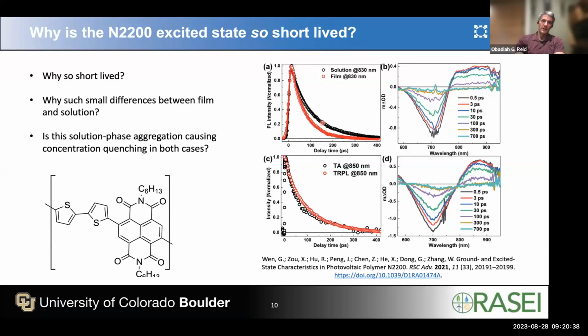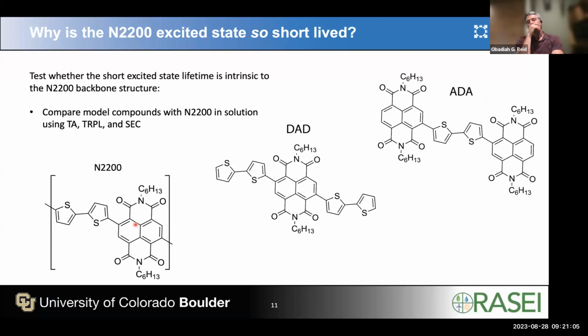So then the question is, are these kinetics the same because of some intrinsic property of this backbone structure, or are they the same because you have aggregates in solution, and so photophysically the chain in solution is undergoing significant concentration quenching, perhaps producing excimers or something like that.